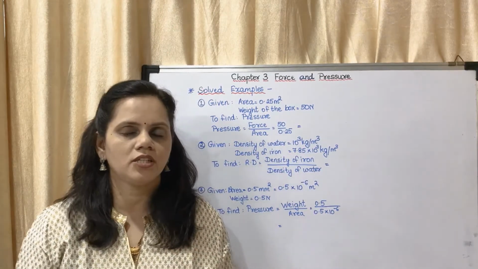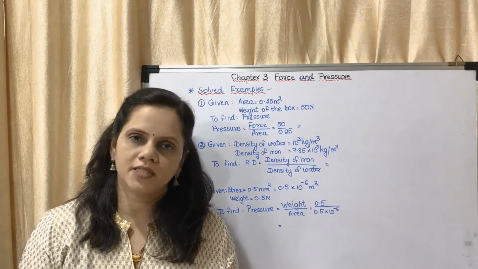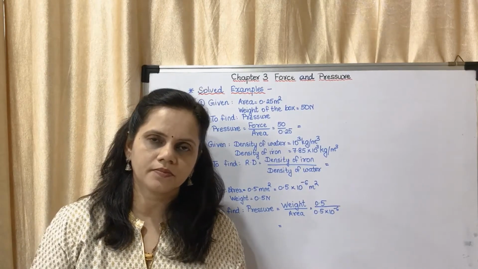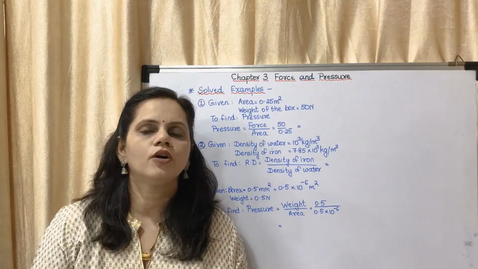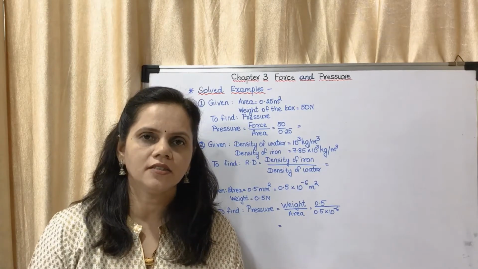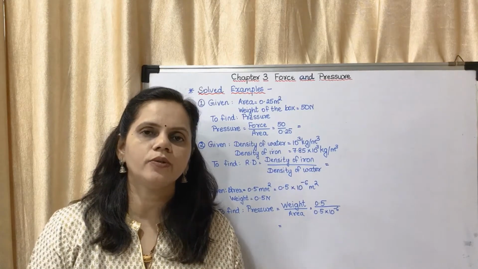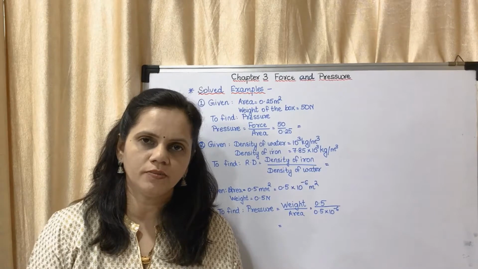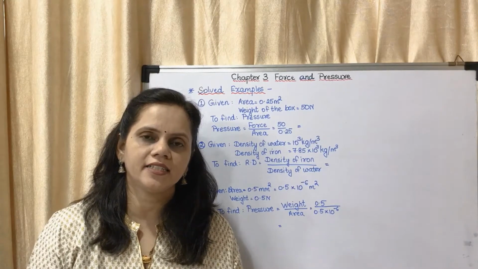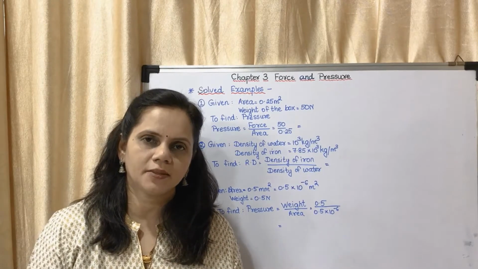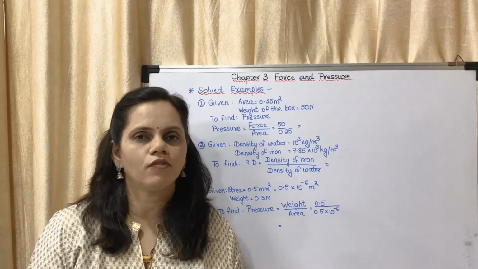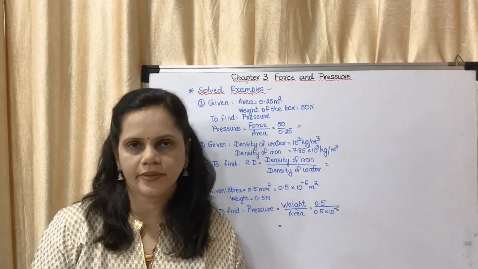These three equations we have learnt from this chapter. I repeat, pressure is equal to force upon area, density is equal to mass upon volume, and relative density is equal to density of substance upon density of water. These are the three main equations.